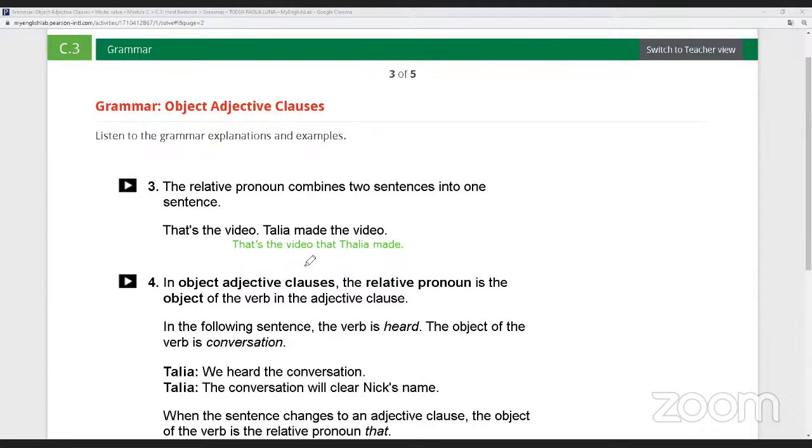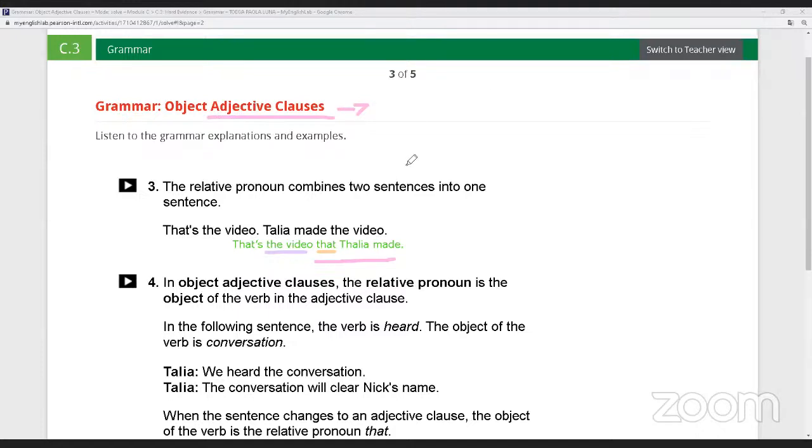The relative pronoun in that sentence is that. And the subject is the video. And what else? Where is the adjective clause? Okay, that's the adjective clause. How do you know that is the adjective clause?